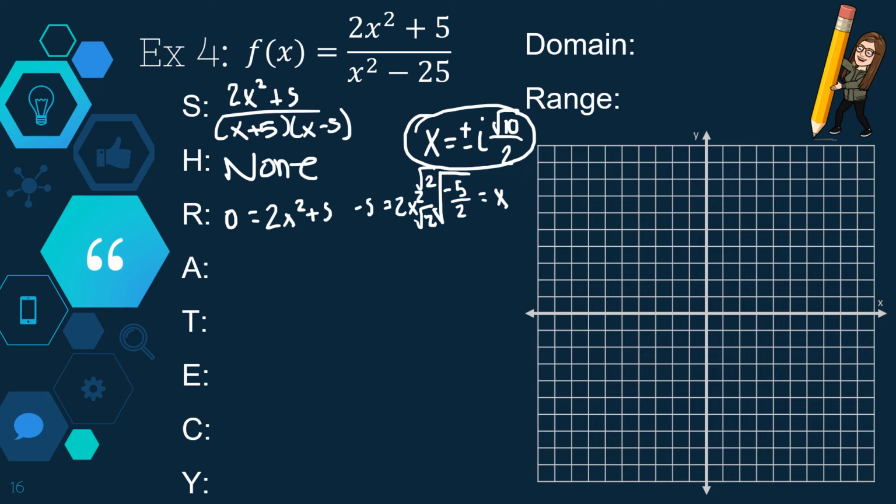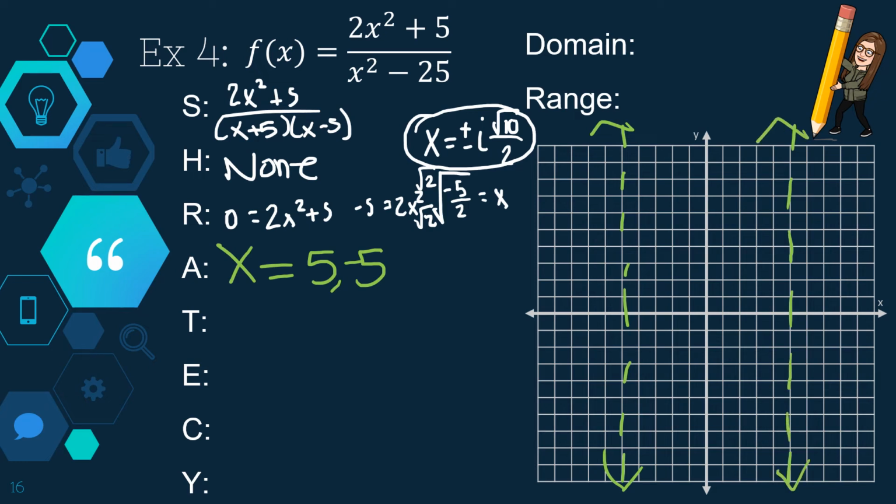All right, asymptotes. Where would x make my function undefined? X equals 5 and negative 5. Do you see where that came from? Look at that denominator. Wait a second. I'm going to have 1, 2, 3, 4, 5. A vertical asymptote here at negative 5 and a vertical asymptote at positive 5. 2 of them.